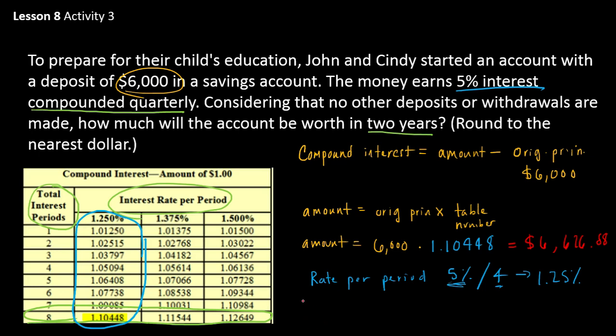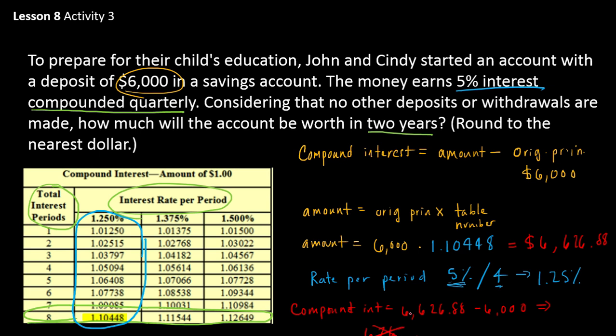So, summing it all up, my compound interest equals 6,626.88 minus my original principal of 6,000. So my final answer is $626.